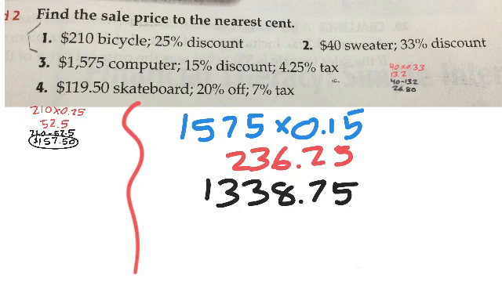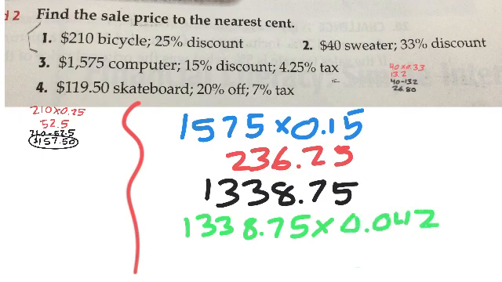So then what do we do from here? I multiplied that number by 0.0425. Yes. Multiply by 0.0425. Remember, make that percentage into a decimal.